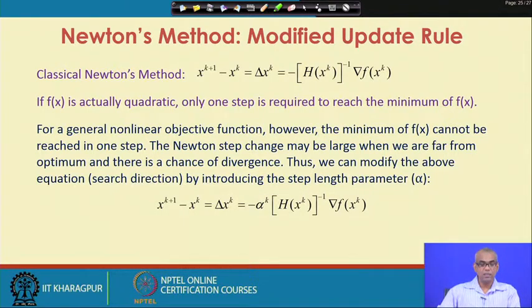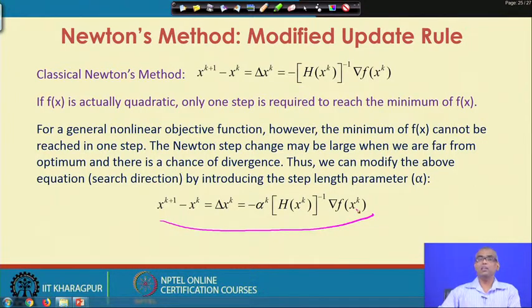Thus, we can modify the search direction by introducing a step length parameter alpha. So, instead of taking x k plus 1 minus x k equal to minus Hessian inverse into gradient of f, I can introduce a step length parameter alpha and write x k plus 1 minus x k equal to minus alpha k into Hessian inverse into gradient of the objective function.